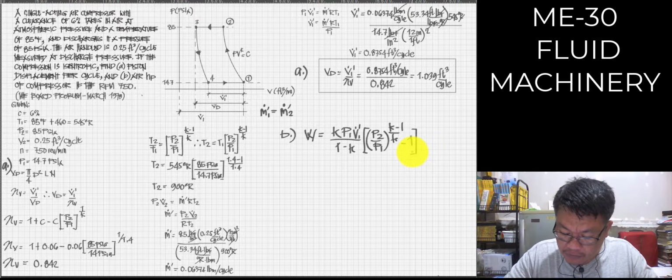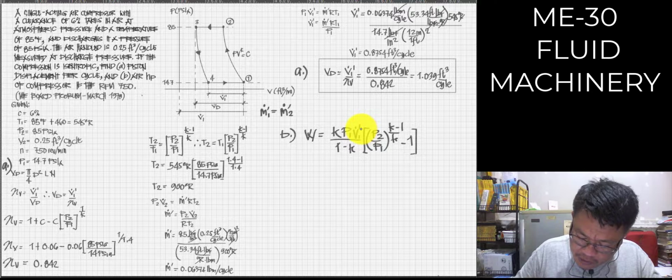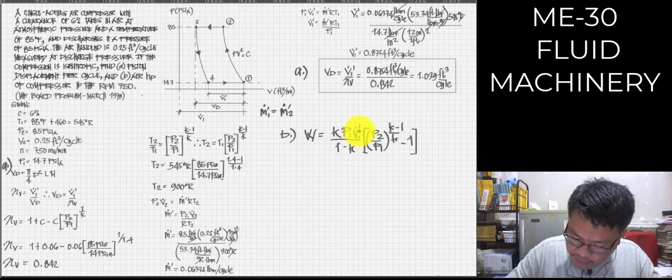Checking the equations, when we substitute the values, there's something we need to multiply with the V1 prime in order to achieve cubic feet per minute.